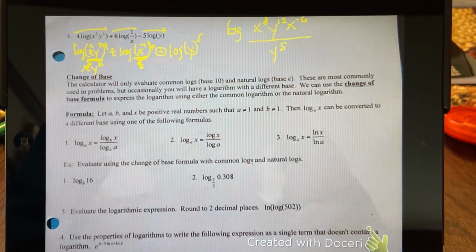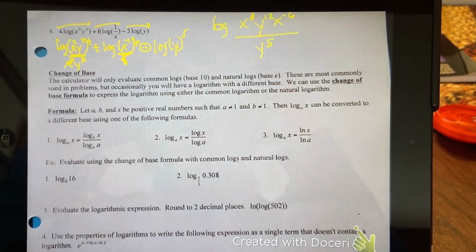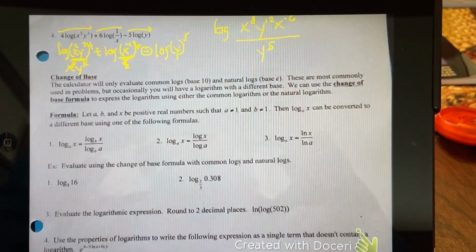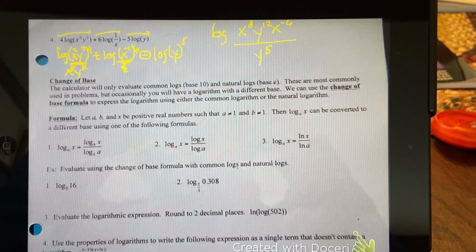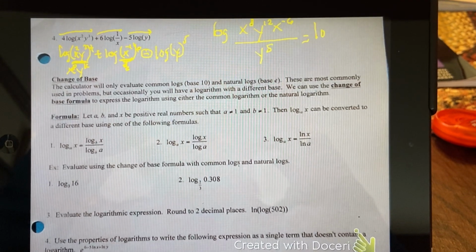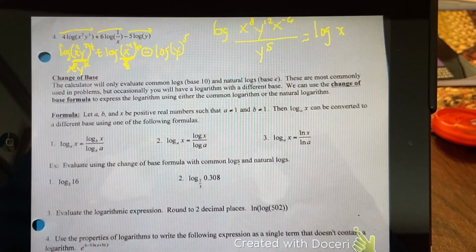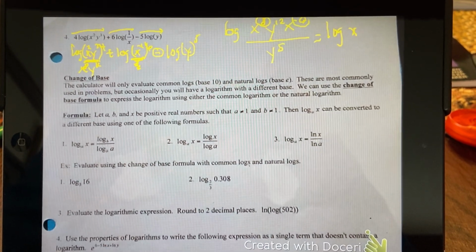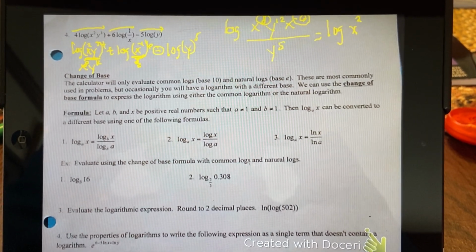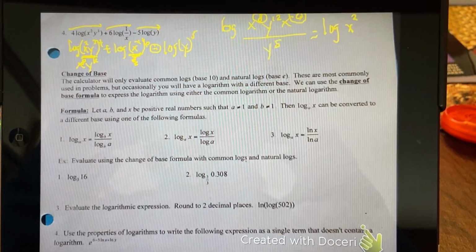All right. Now, properties of exponents say same base, add them. So when I get to the end, I'm going to take 8 and -6 and add them. So that's going to leave me x squared.